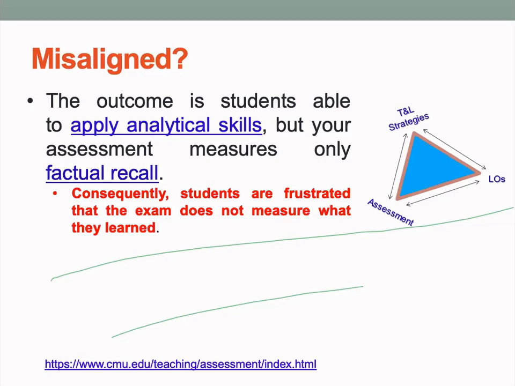So the LO is the student is able to apply analytical skill, for example. But your assessment measures only factual recall. So it's not aligned, and then the student will be frustrated, because the exam does not measure their performance.